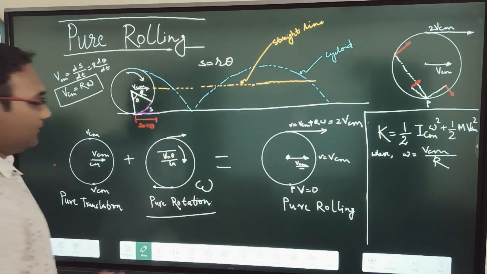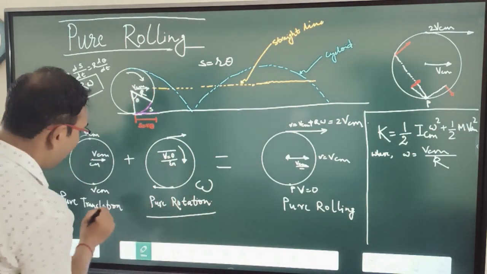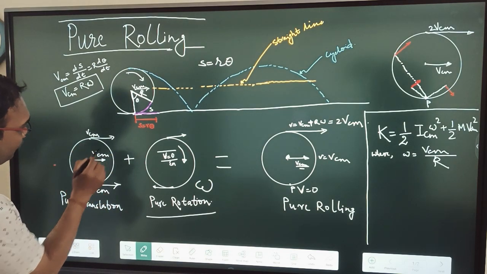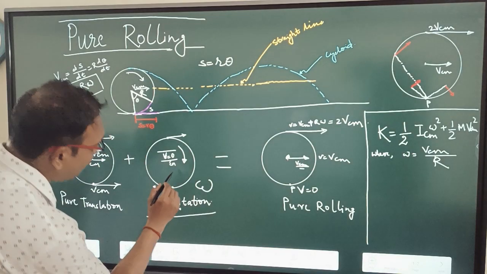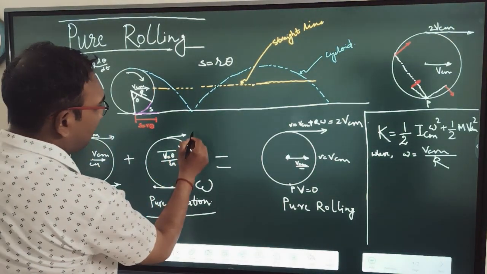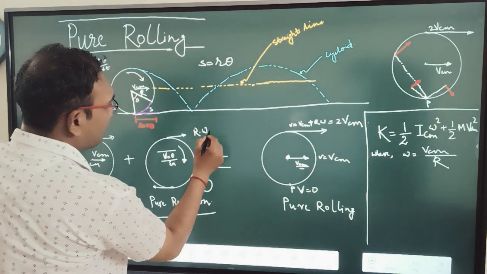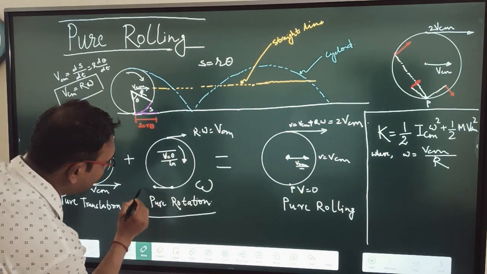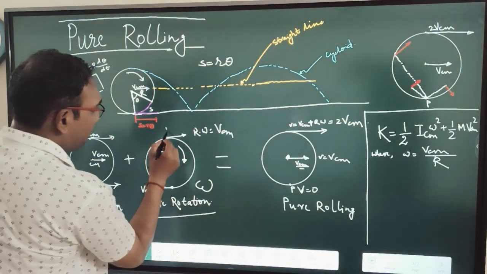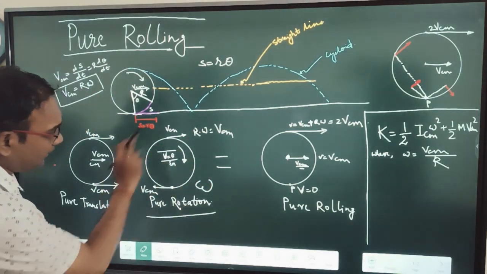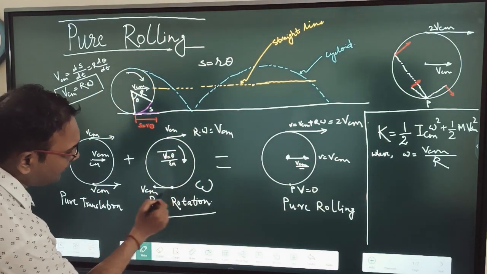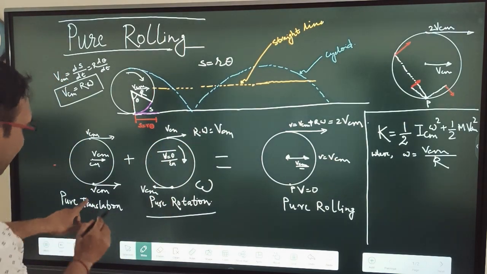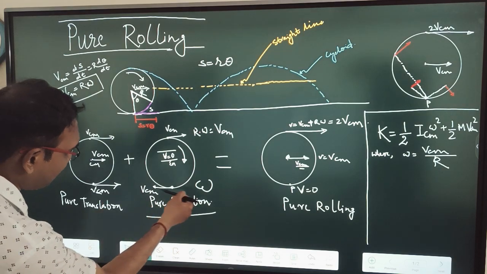Look at the other points, the bottom point. All points are moving with V_CM in this direction, whereas R times omega is equal to V_CM. Because it is rotating, the bottom point has a tangential velocity V_CM in the opposite direction.